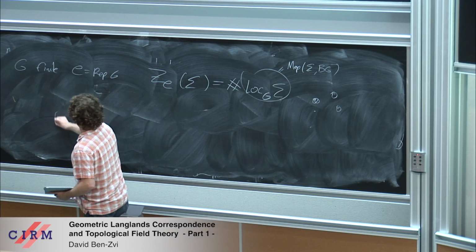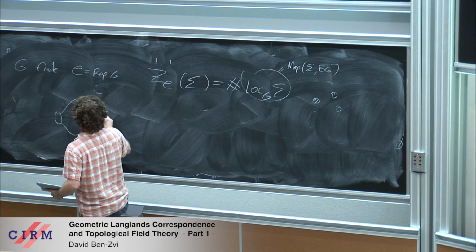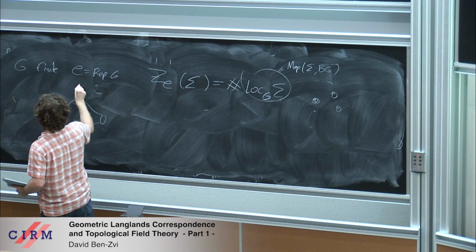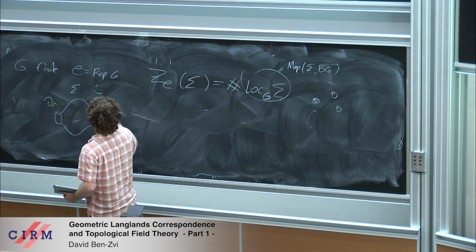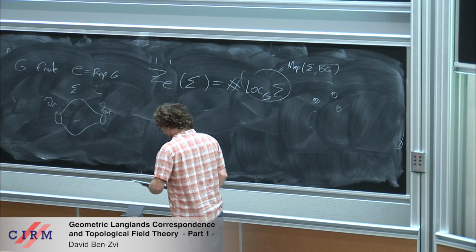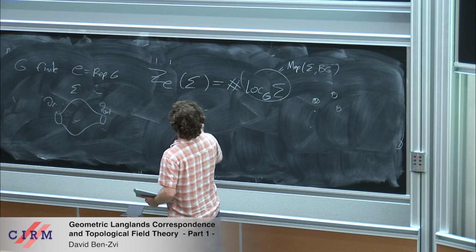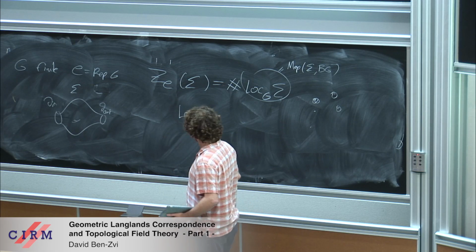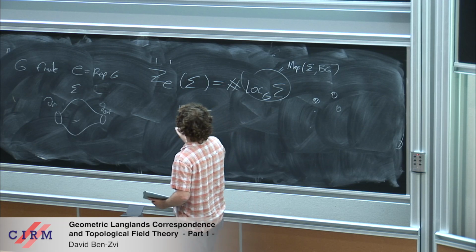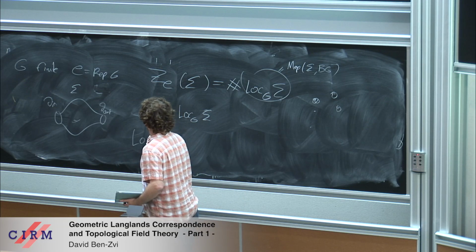More generally, if I give you a surface with boundary, suppose I have a surface, and I'm really thinking now of the oriented theory. I can define operations using natural correspondences.